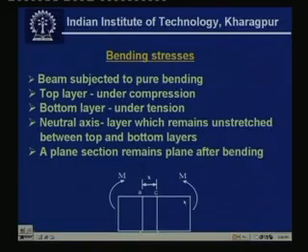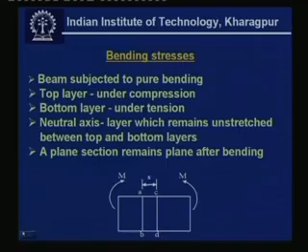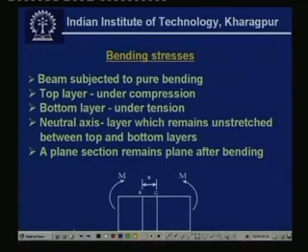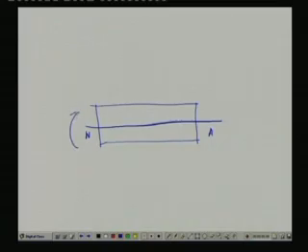Next, we go back to the text once again. What we have seen is that the beam under bending, which we considered in the earlier figure, was something like this. This is what we call the neutral axis, and it is acted upon by pure bending, which means the bending moments at both sections are the same.